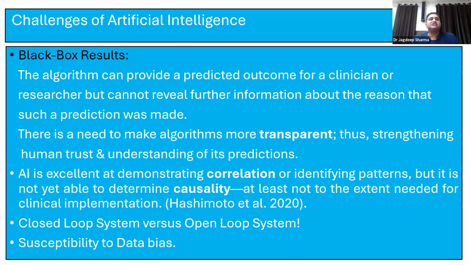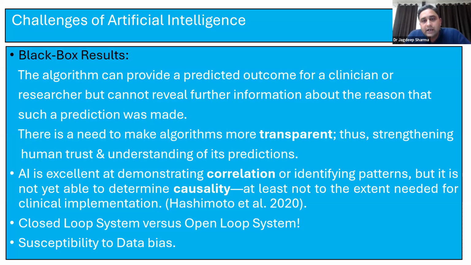Now coming to the challenges, or limitations we can say, with artificial intelligence, there are black box results. The algorithm can provide a predicted outcome for a clinician or researcher, but it cannot reveal any further information about why it came to a particular result and why that prediction was made.